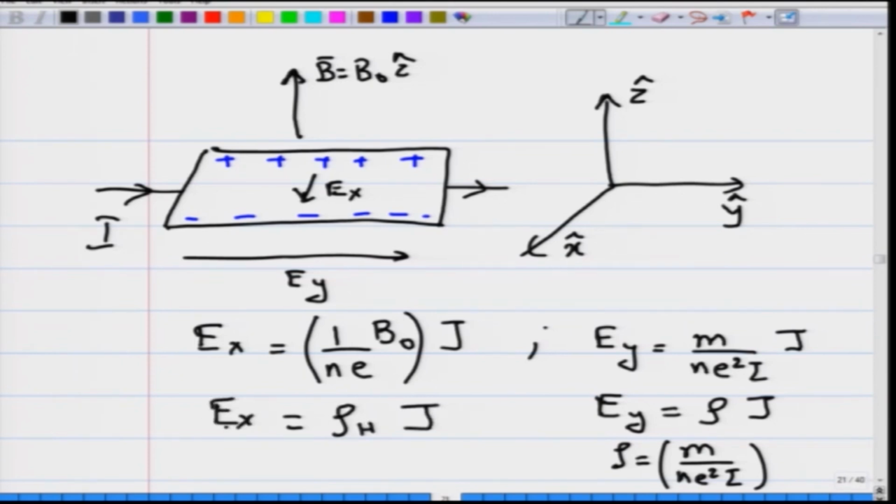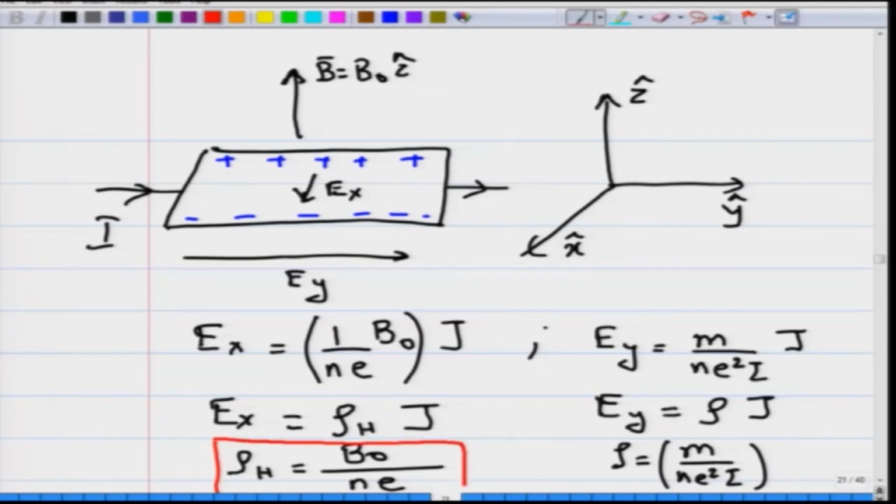This is acting in a direction perpendicular to the flow of current, and this Hall resistivity is proportional to the magnetic field and inversely proportional to the density of electrons and the charge of the electrons.